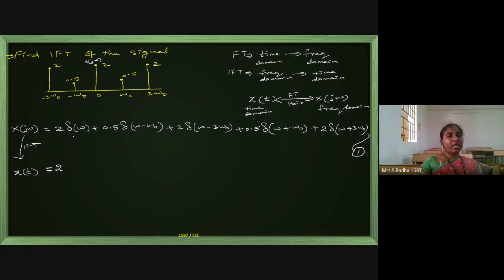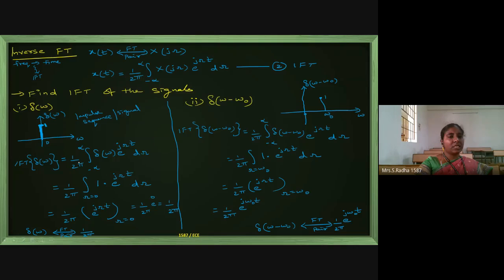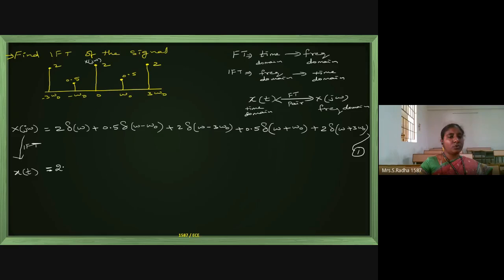For del of omega, what is the time domain? If you see, already in the previous question for del of omega, we have calculated the time domain is 1 by 2 pi. So 2 into 1 by 2 pi is the time domain. This is using the properties. We can do this question.